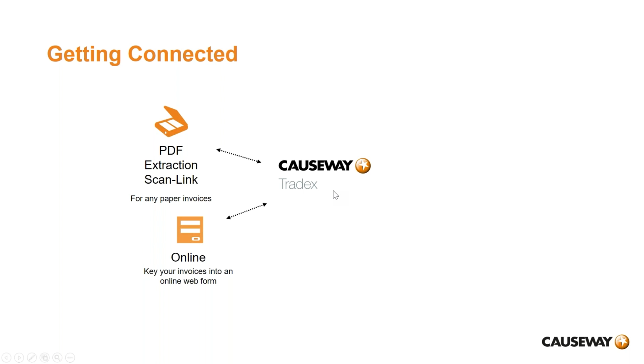Here's your username, here's your password. They can log in and they can enter their invoice online directly. If they don't want to do the PDF mapping, they can just key in the invoice online quite simply and process that through. That would still give them immediate visibility of whether it has passed all the business rules that we talked about earlier. And from your point of view, you're not having to deal with any paper or any invalid information.